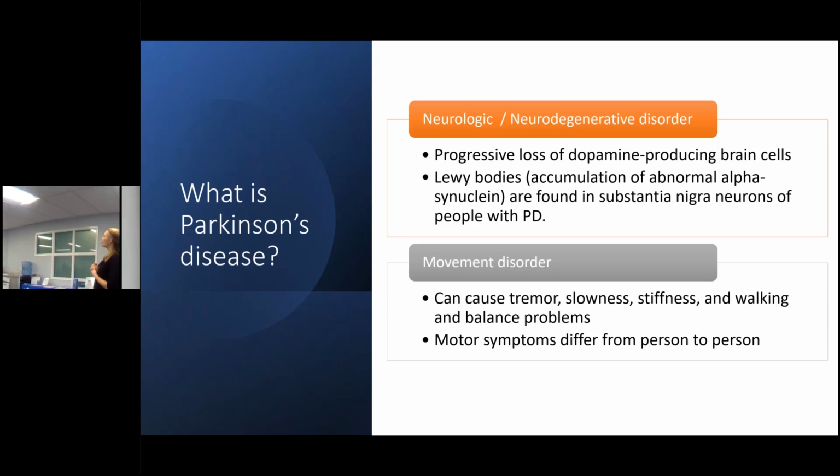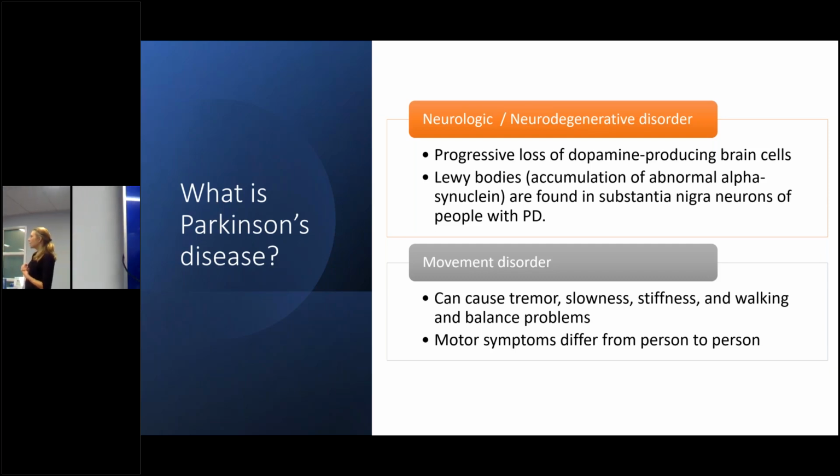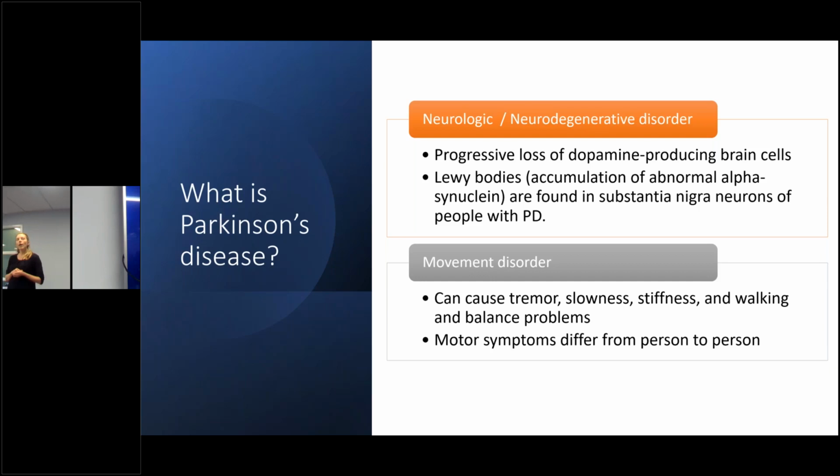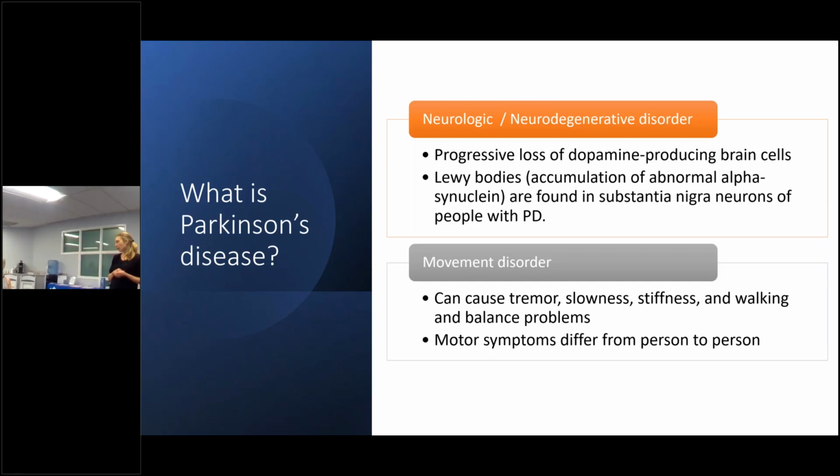We know that it's a neurodegenerative disorder, which means it progresses over the course of time. And we know that there is an abnormal accumulation of a protein, okay. Now, this protein is called alpha-synuclein, and we all have it in our bodies. It's actually a normal protein to have.